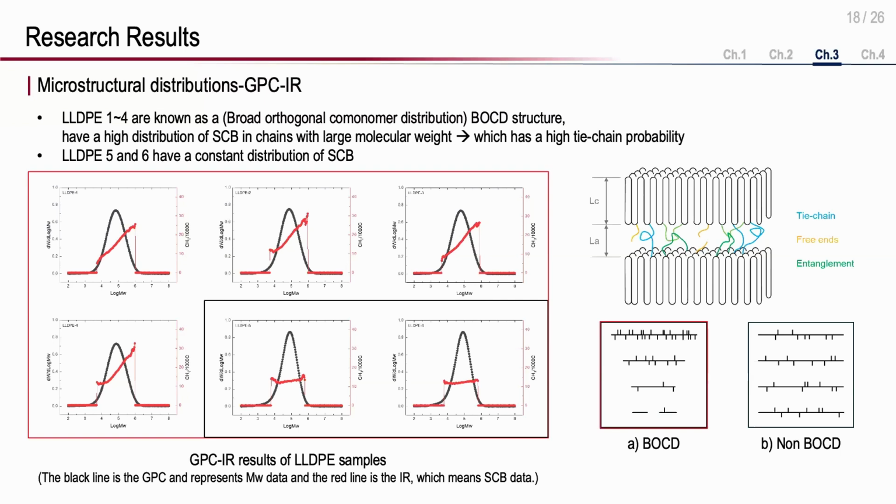LDP 1 through 4 are known as a BOCD structure, and have a high distribution of short chain branch in chains with large molecular weight, which gives a high tie chain probability. But LDP 5 and 6 have a constant distribution of short chain branch. It has a lower tie chain probability than the BOCD structure.